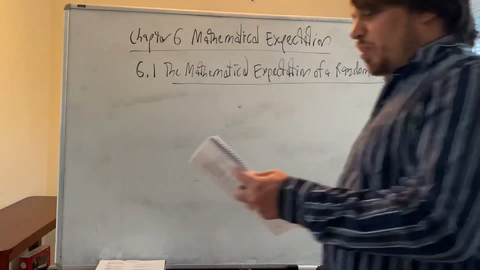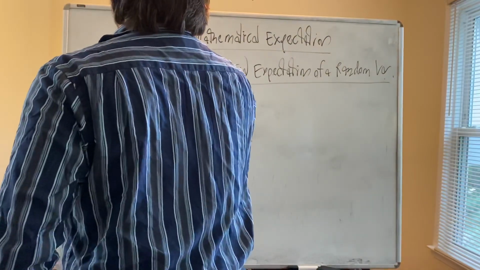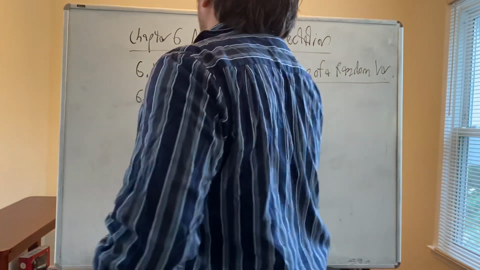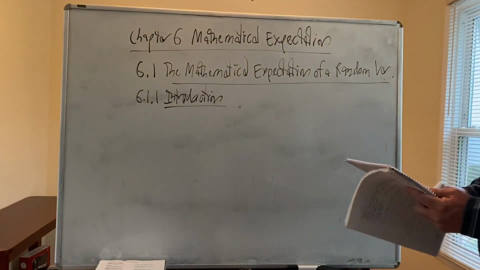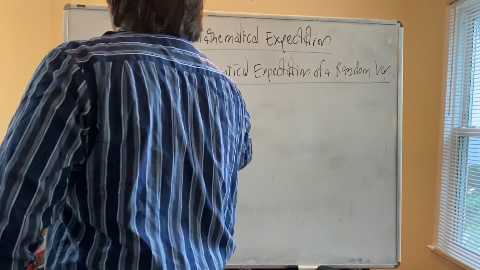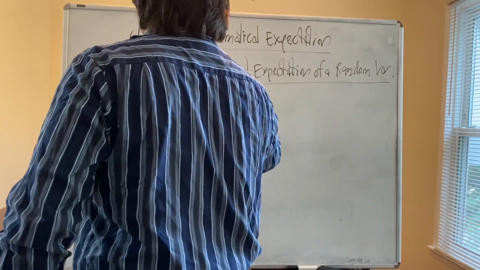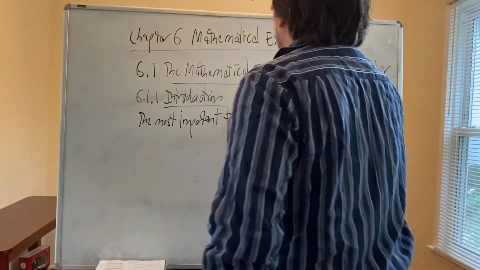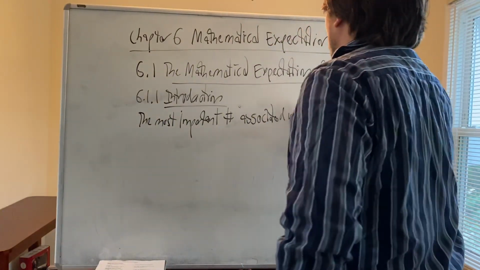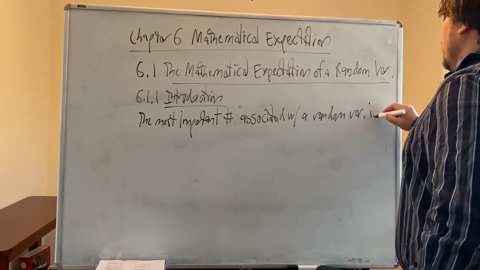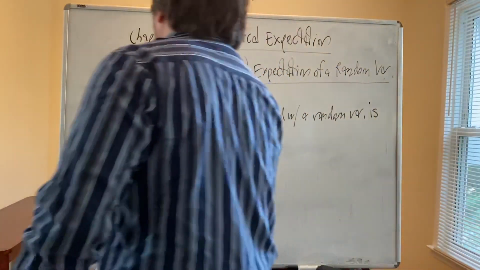And 6.1.1 is an introduction. Basically the most important number associated with a random variable is the expected value.